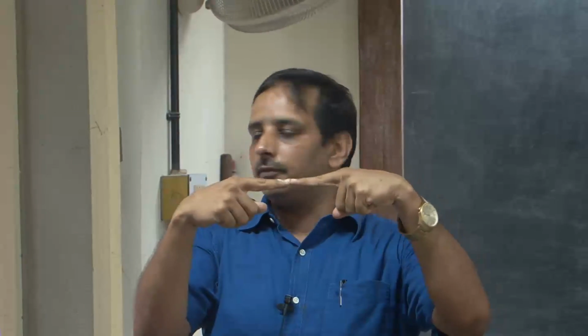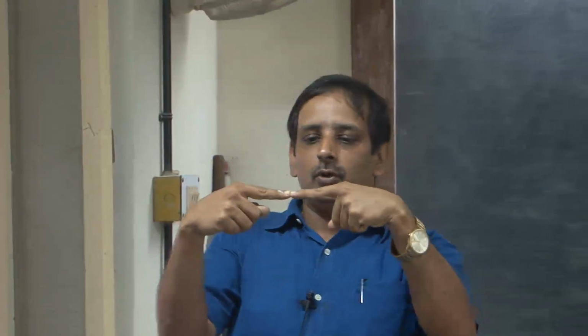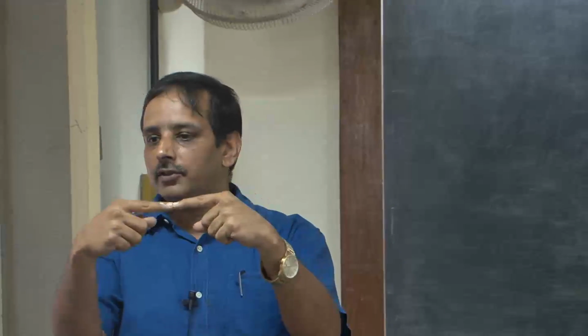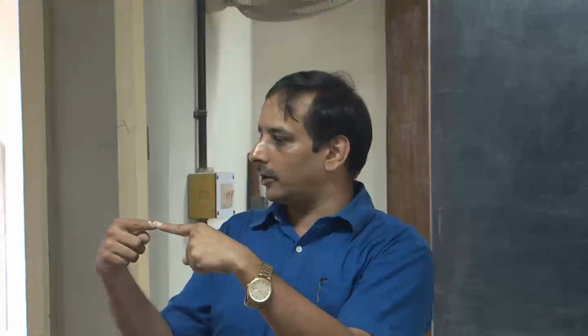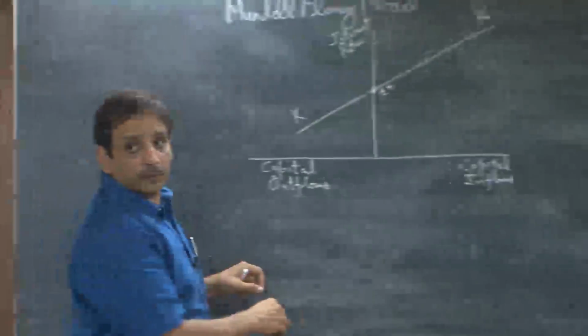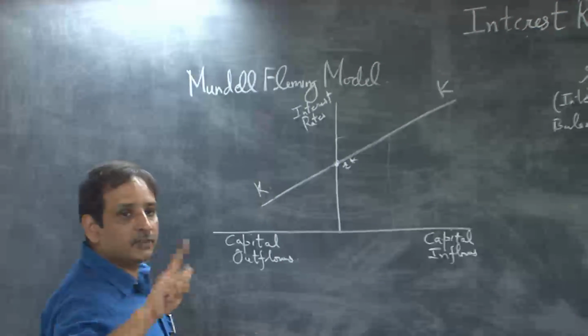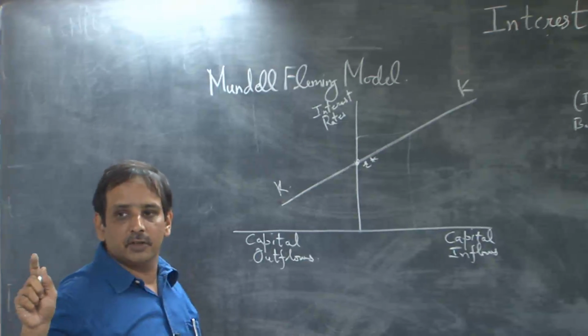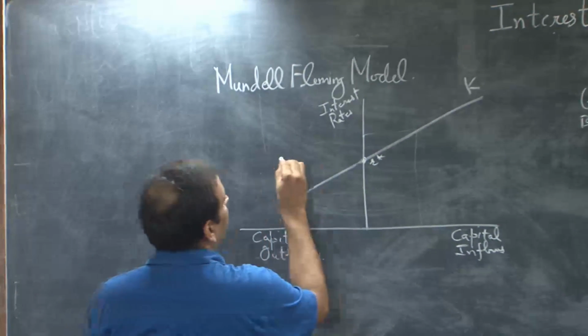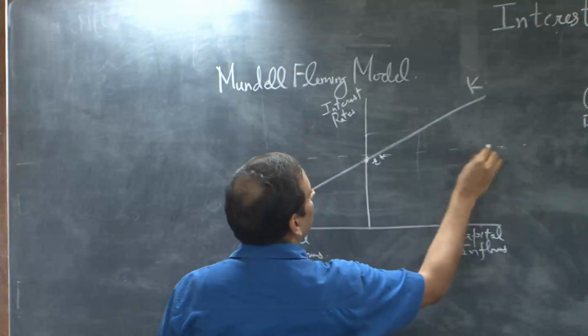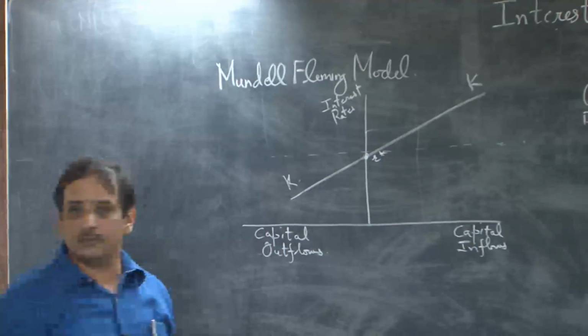It will come back to a level where the domestic interest rate will be equal to the foreign interest rate. So if there is perfect substitutability between domestic and foreign bonds, you cannot see a differential persist over time. The KK curve would be horizontal in this case.